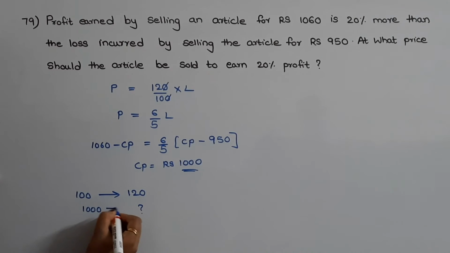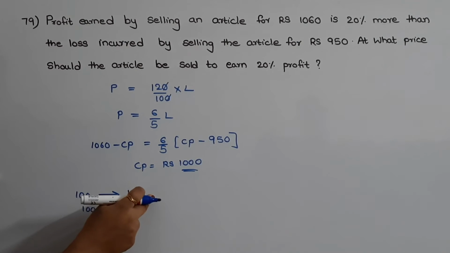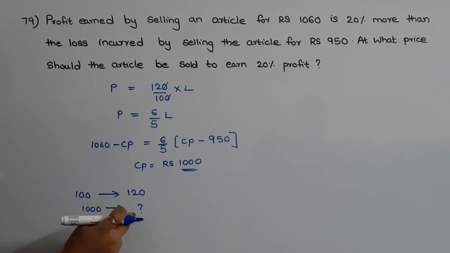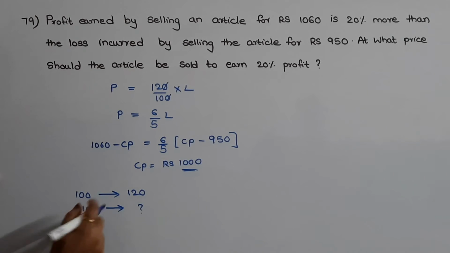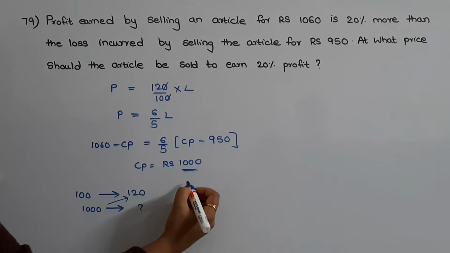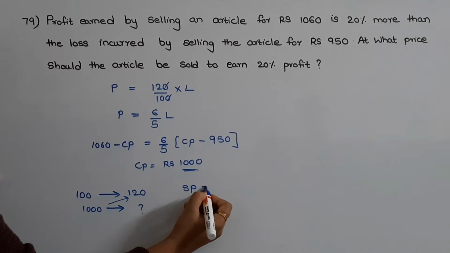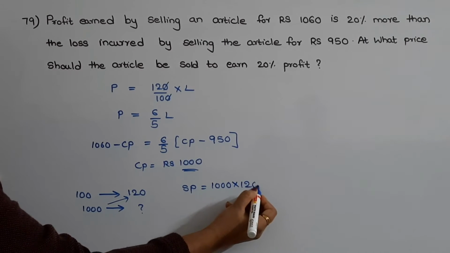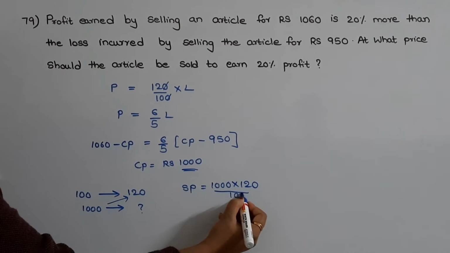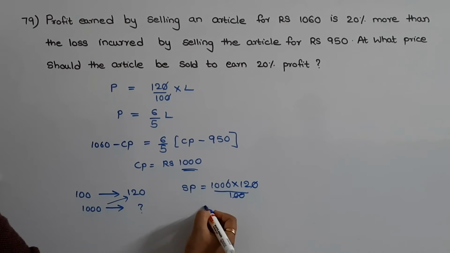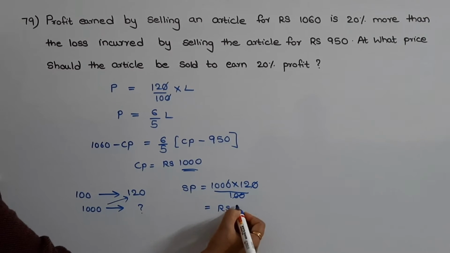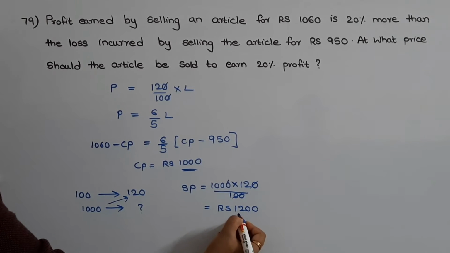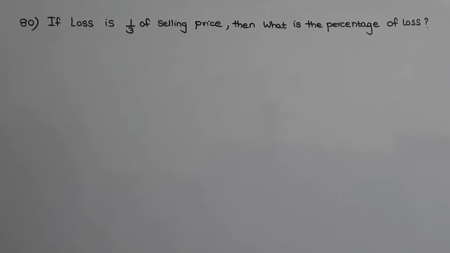So when cost price is 100, selling price is 120, then what will be the selling price when cost price is 1000? This we can find out by cross multiplying. So selling price is equal to 1000 into 120 divided by 100. On solving this you will get rupees 1200. So this is the answer.